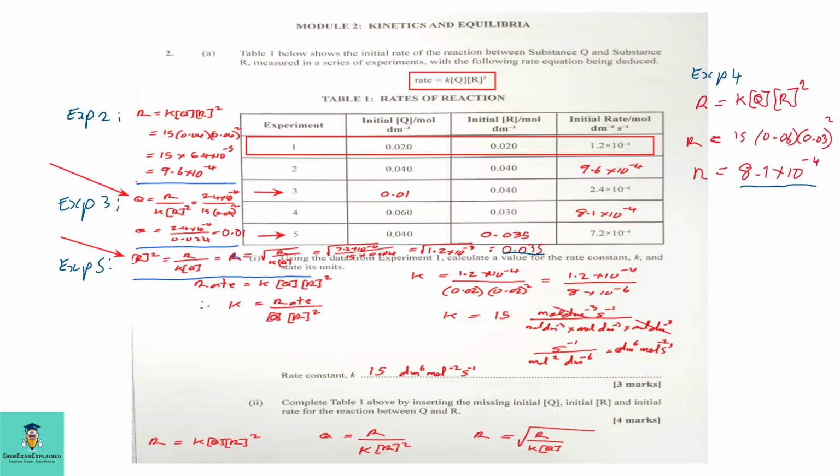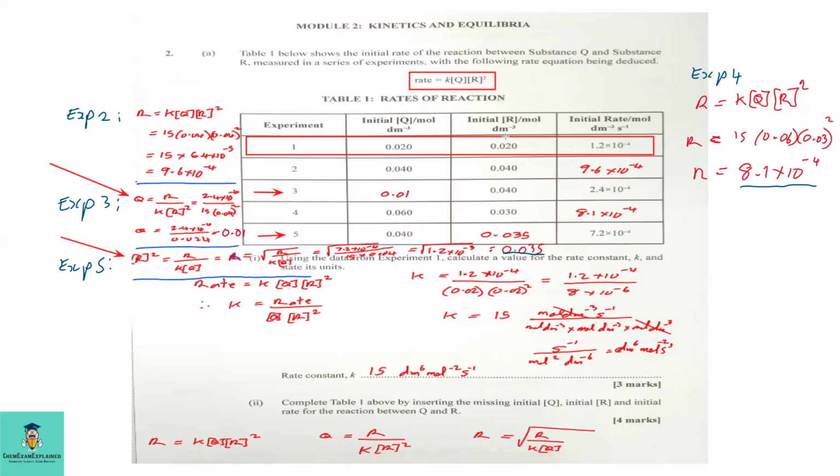And of course, divided by 15 times 0.04. So this divided by 15, which is K that we calculated here, times the initial conc of Q, 0.04. And we find the square root of that. And our value for R is equal to 0.035. And we put the value here.